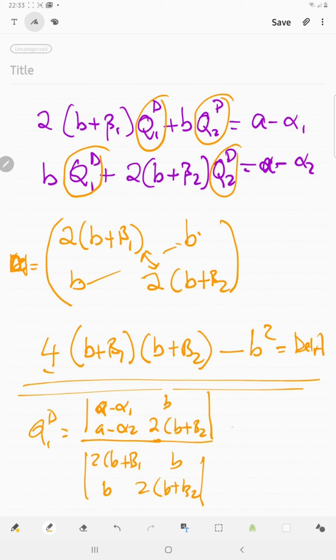And similarly, you can now take q2. So you take this part, and now q2 can be equal to 2(D + β1), D, and then A minus alpha 2 over A minus alpha 2.